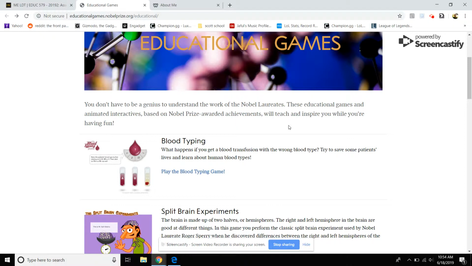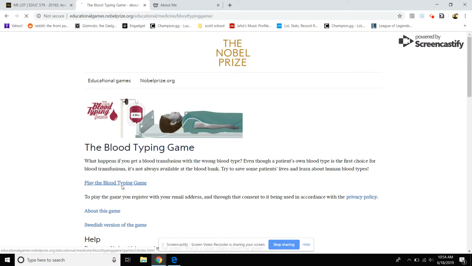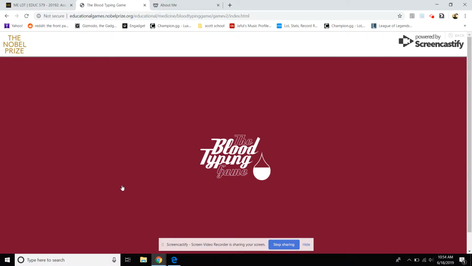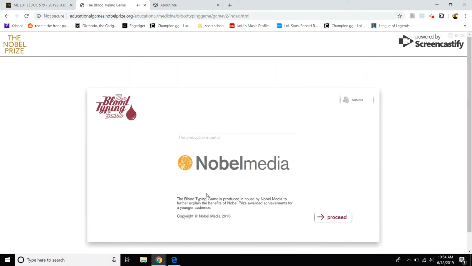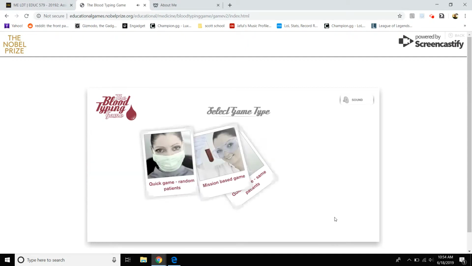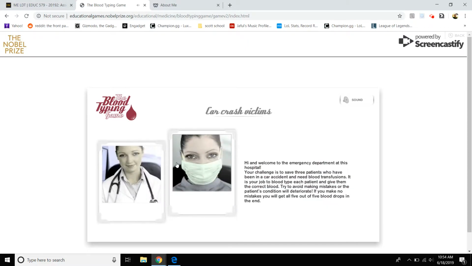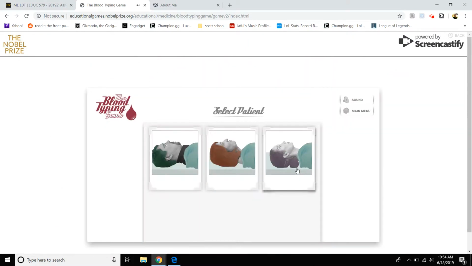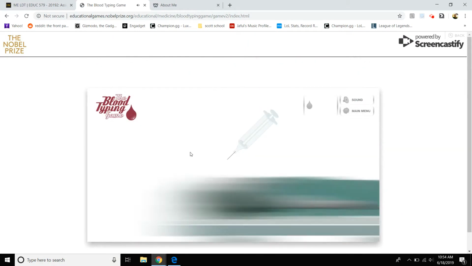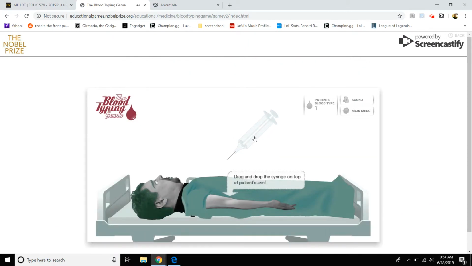So let me explain my experience with the Nobel Prize game site. First I started with the blood typing game, and it seemed very interesting to me because I am curious about blood types. So I clicked the quick game because I didn't want to create any type of accounts. So we went quick game, we proceeded, we picked a random patient, even though there's not much instruction for it.